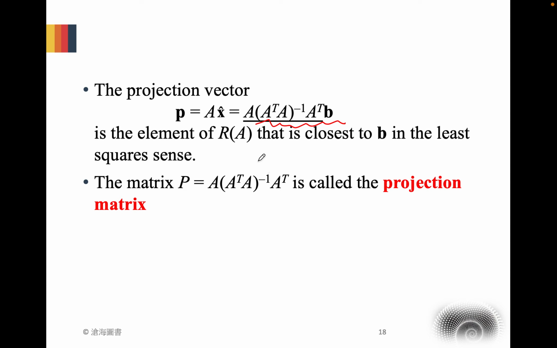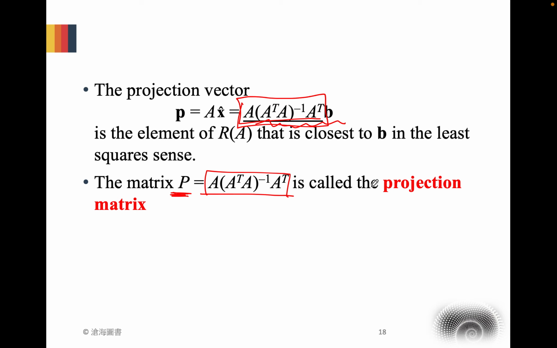Right? So here, if we consider this together, A times (A transpose A) inverse times A transpose, this part constitutes a matrix P, capital P.